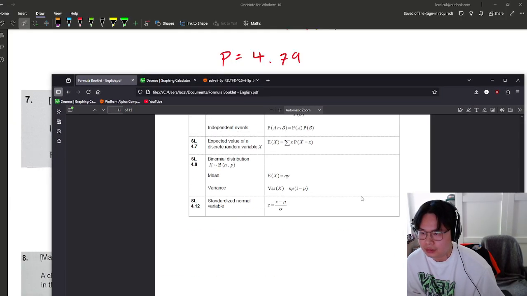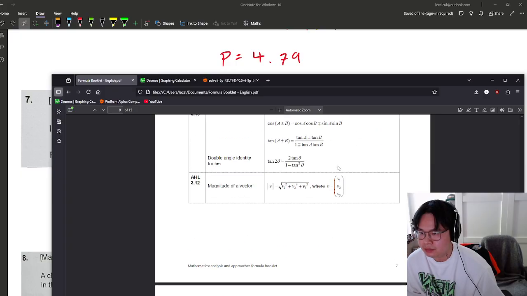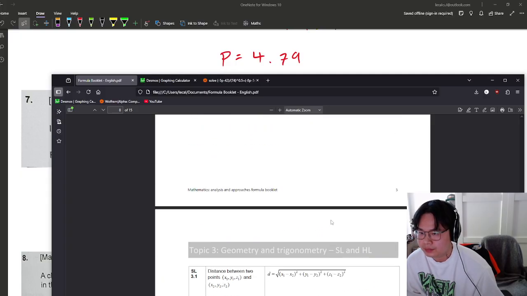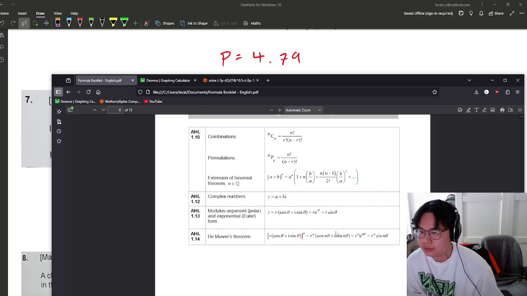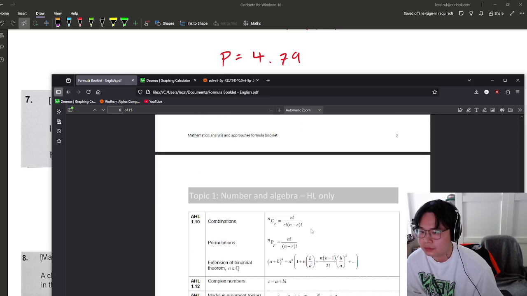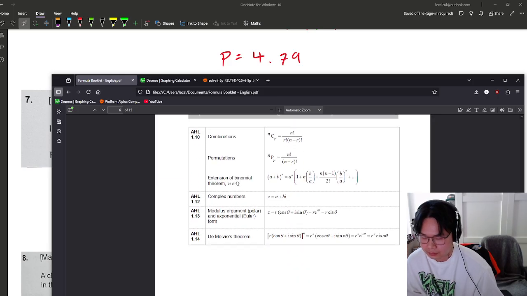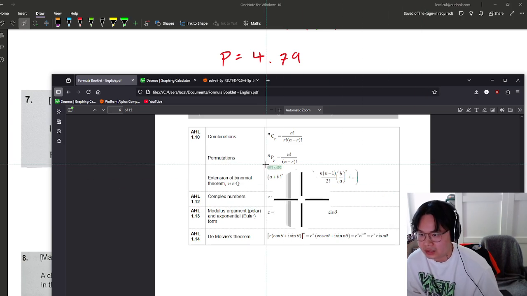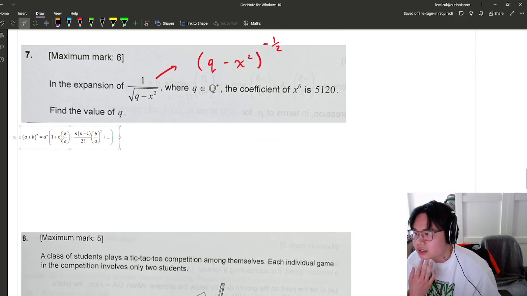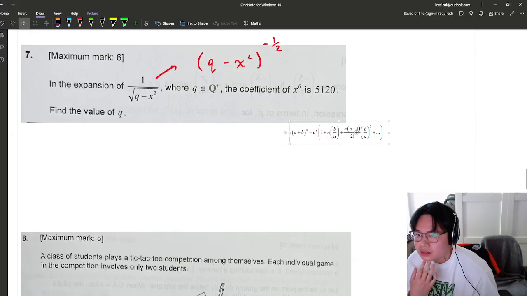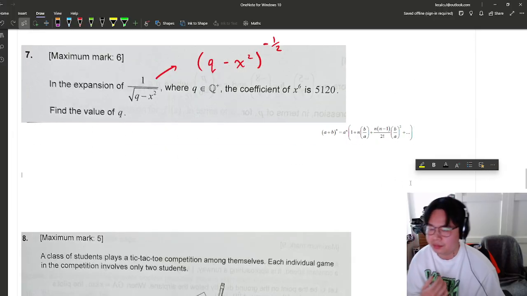Let's go to HL binomial theorem. I'm gonna copy this and paste it here.